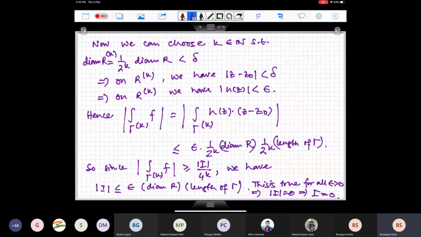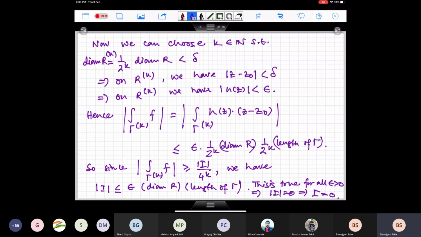So therefore, what I see is that I can show that the integral of the function a(z) times (z minus z naught) can be made arbitrarily small, and therefore the integral over f can also be made arbitrarily small.